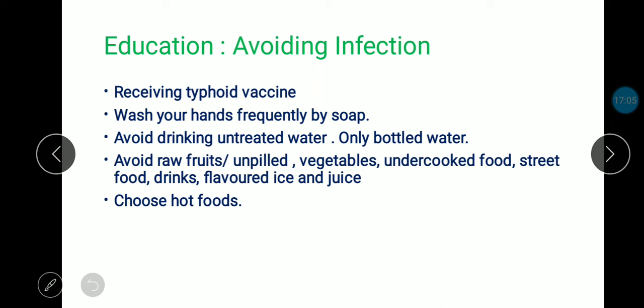Educate for avoiding the infection and how it is possible. Basically, receiving the typhoid vaccine. Each and every child should get the vaccine. Then control of typhoid is possible up to some extent. Then wash your hands frequently with soap and hot water.